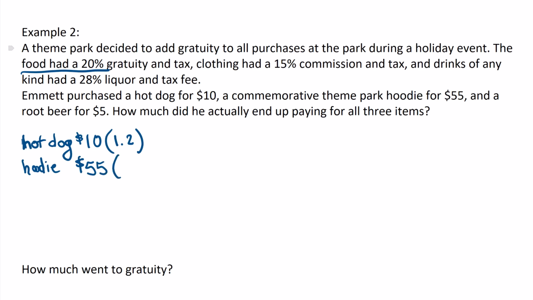But clothing has a 15% commission and tax, so 1.15 if we add them together. And root beer, that was drinks, that was $5. Drinks had a 28% liquor and tax fee, so 1.28.